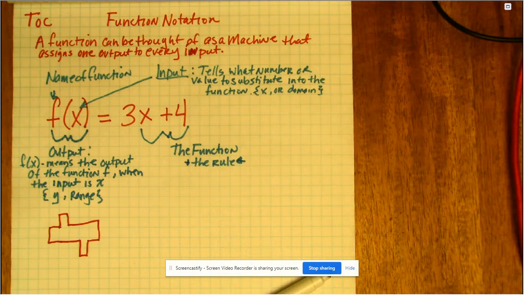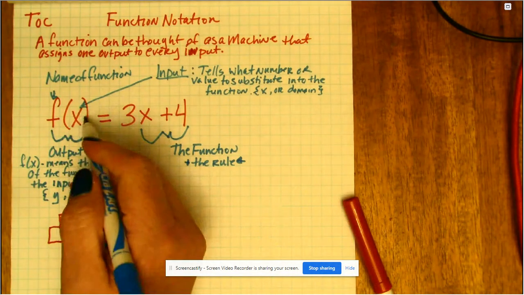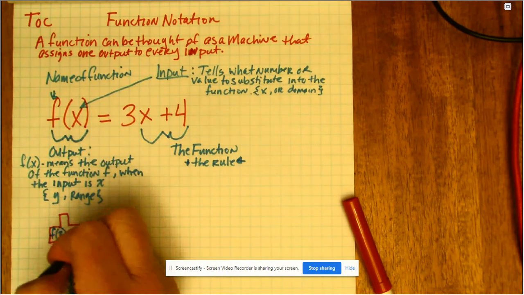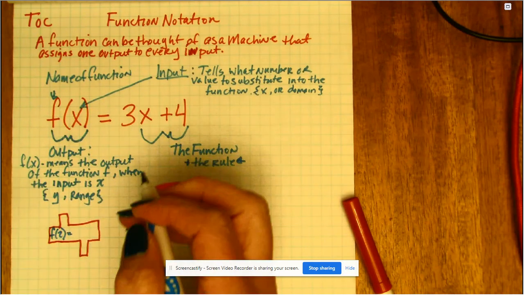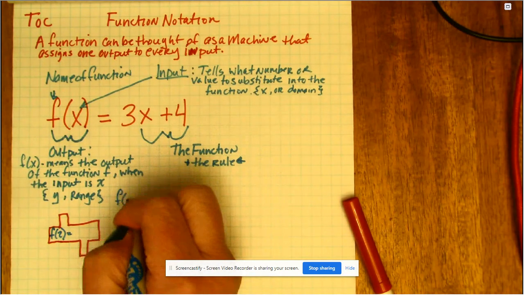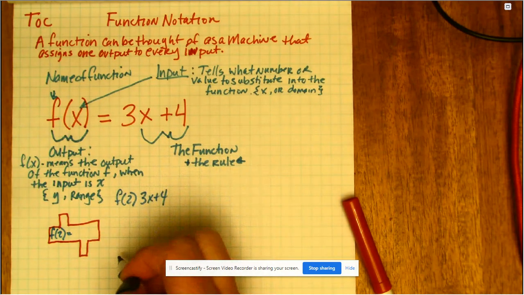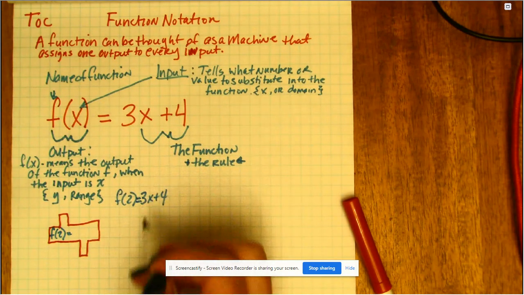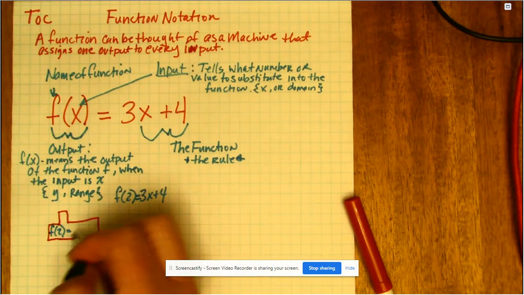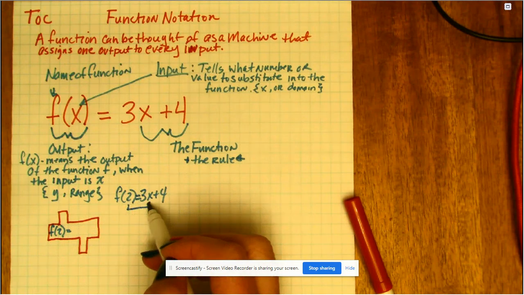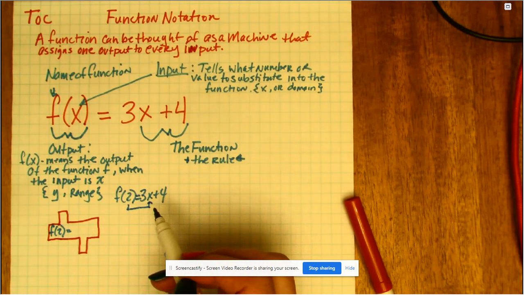And we're going to look at this function example up above. The first thing we're going to do is find f of 2 for the function. So they're asking us to find f of 2 for 3x plus 4. So I need to take 2 and substitute it in wherever I have an input.